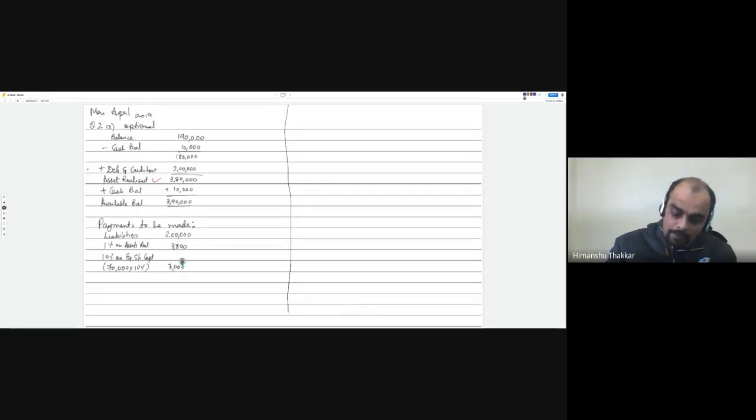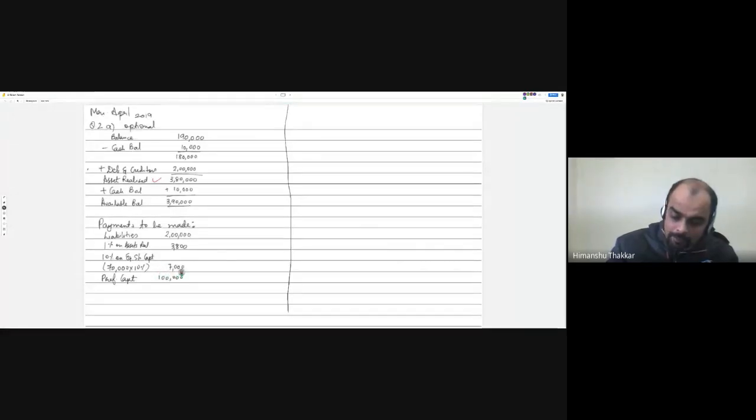Similarly, no remuneration on whatever amount you're paying to preference. So just preference capital. Preference capital you're going to pay 1 lakh.